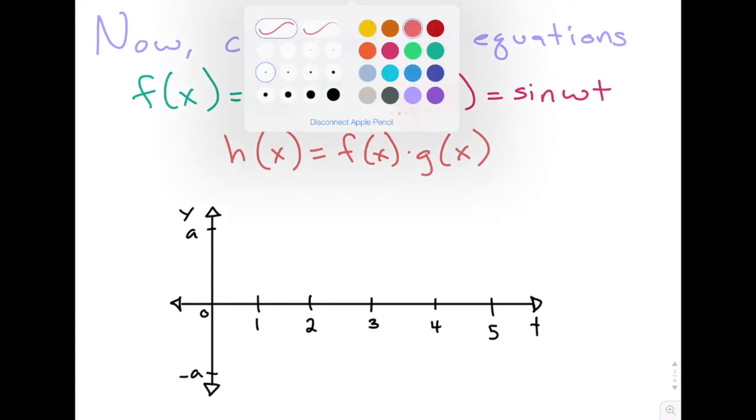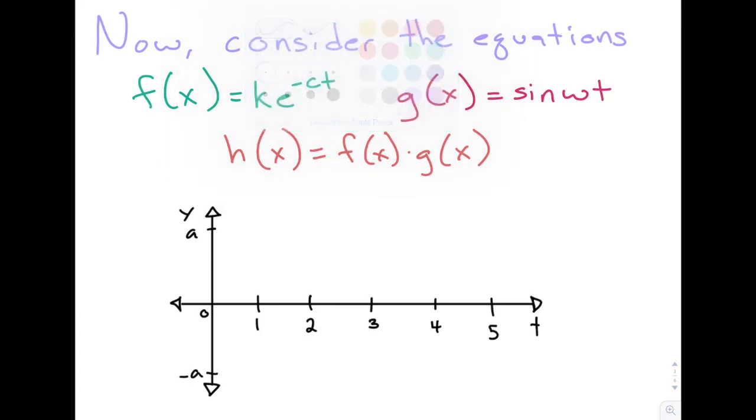So then if we were to draw this like we did before, let's first draw the f of x. k e to the negative ct, these are general constants. I don't want to get too bogged down in it for now, so let's just consider e to the negative t. That might look something like this, right?